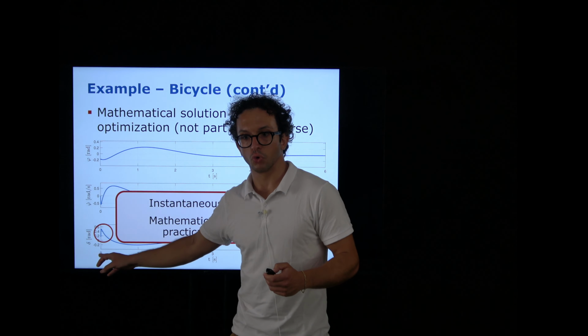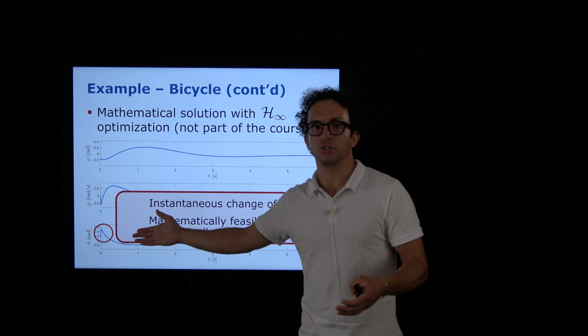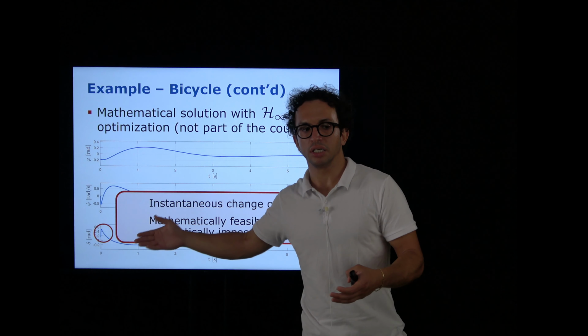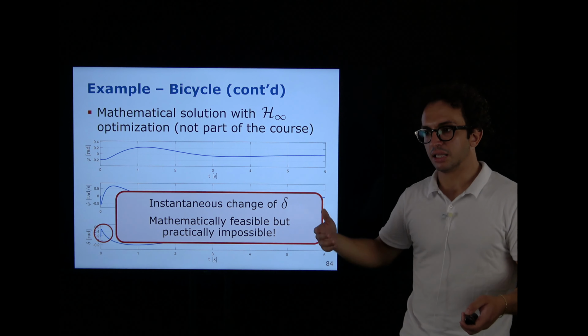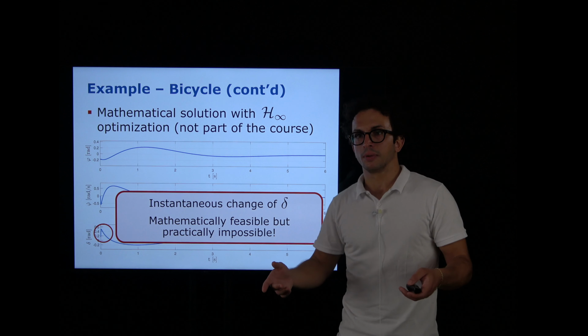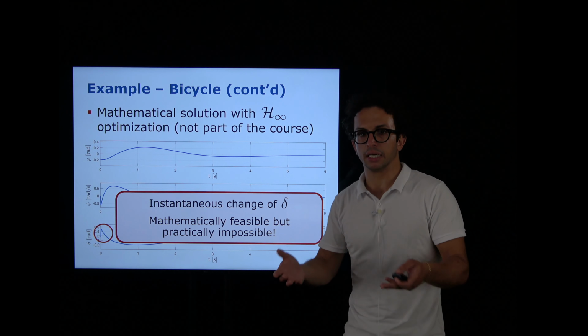So it's not about having a neuromuscular delay which is very, very small or whatever. It has to be instantaneous, otherwise the bike is not stabilized. This is why it's so hard to drive it, because even a very advanced control system leads to solutions which are not really feasible in reality.